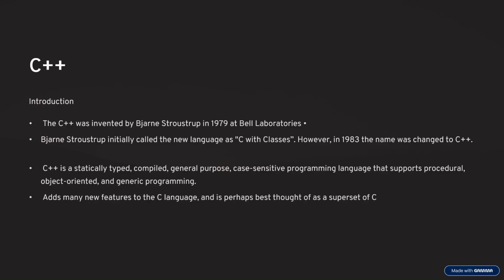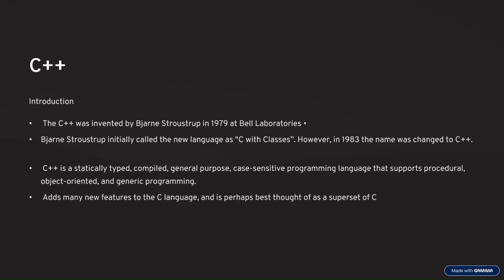And another programming language we are going to use is C++, which came from C itself, invented by Bjarne Stroustrup in 1979. As we know, initially C++ was called C with classes.